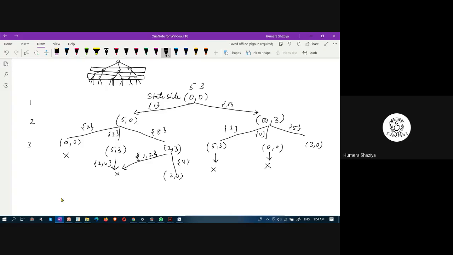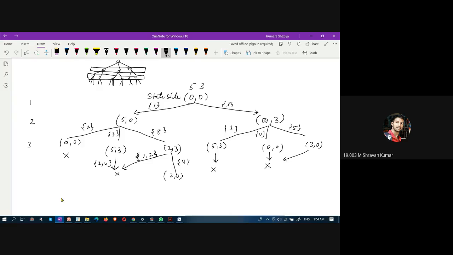Here, what can be done? It is 3, 0. It can be moved to the next state. What state can it move to? It can be 4, 0. But I'm not understanding how we can add this.